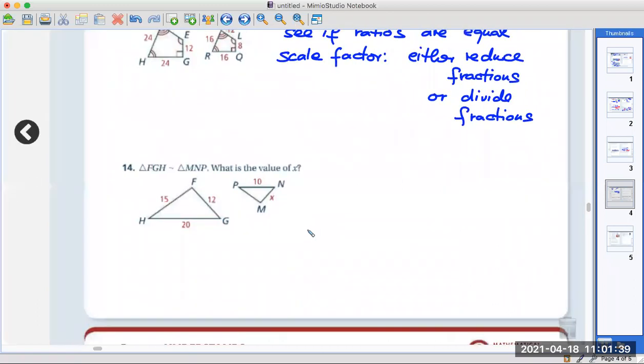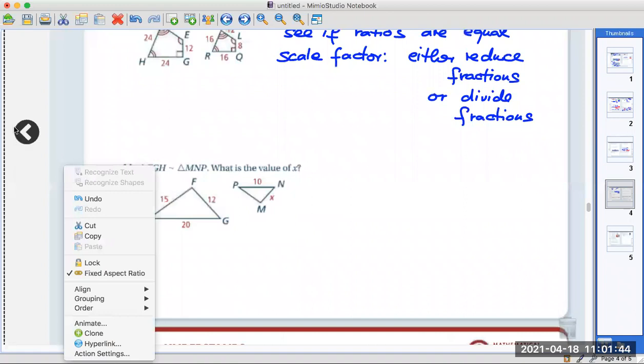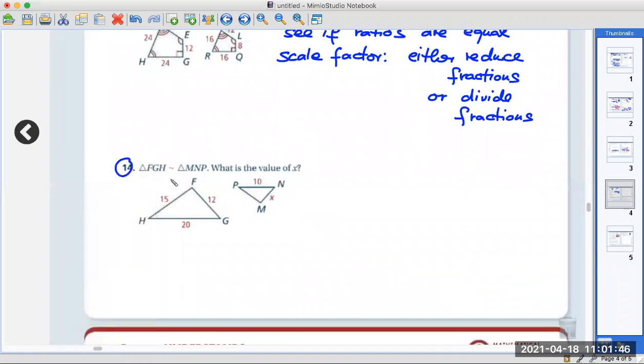And then you're also going to do number 14. In number 14, they're again telling you they're similar. See this little symbol? They're telling you the triangles are similar. You have to find X. Set up correct proportion. And you don't have to do the extended because they're already similar, the extended is only if you test.